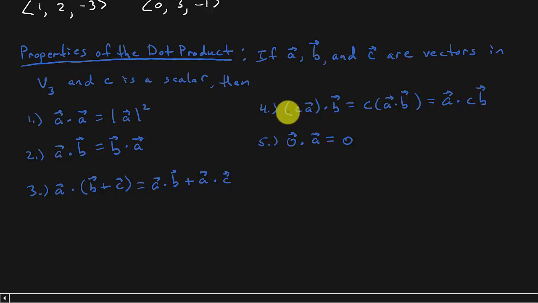Keep in mind we've got a scalar c and a vector C. This c doesn't have an arrow over it, so that's the scalar. We can multiply the scalar to A and then do the dot product with B, or do the dot product and then multiply the scalar, or do the scalar times B and then do the dot product of A and that. And then the zero vector dot a vector A is equal to 0.